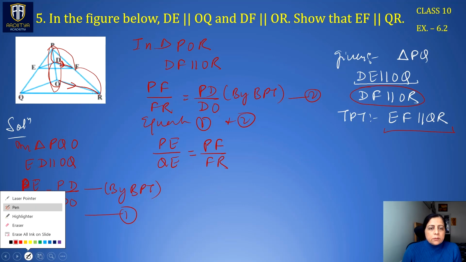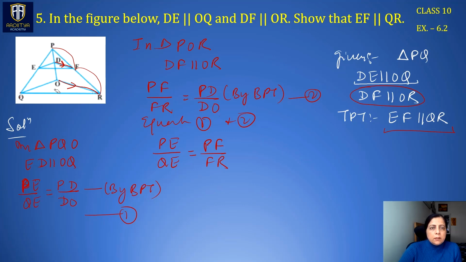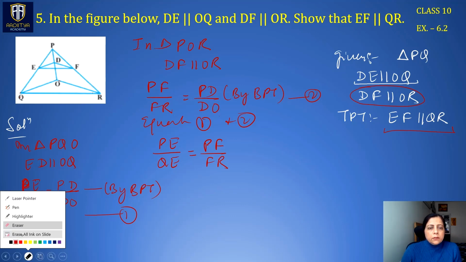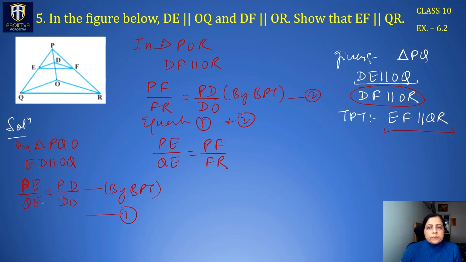Let me erase all this so that you can easily get what I want to say. See, now PE upon QE is equal to PF upon FR.